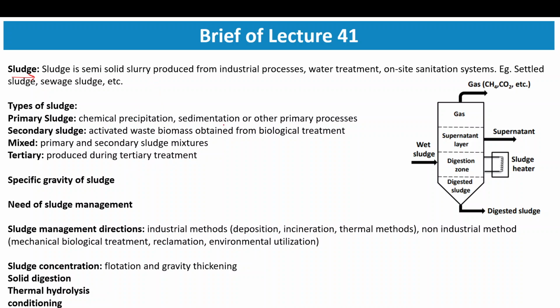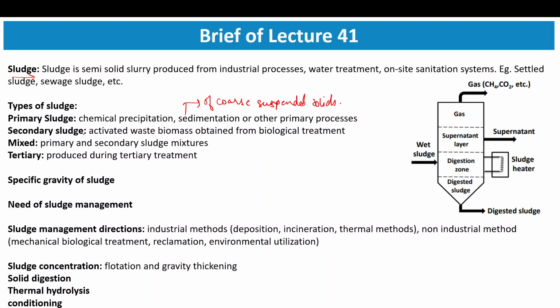So here are the methods of primary treatment. Say, for example, if you perform sedimentation of the coarse suspended solids, then whatever the solids that are recovered, or the slurry or the sludge that is recovered, it is classified as primary sludge.